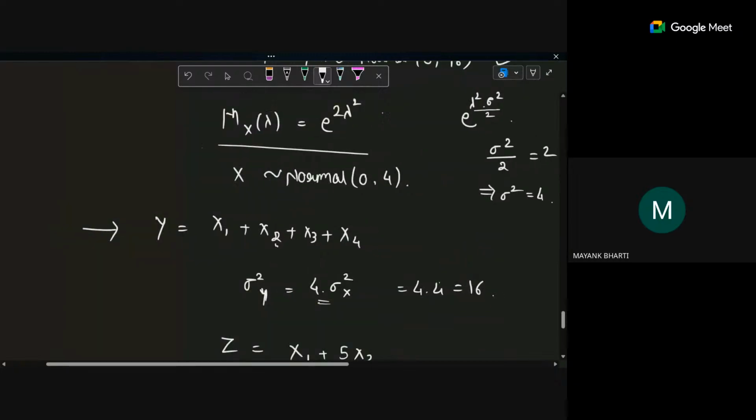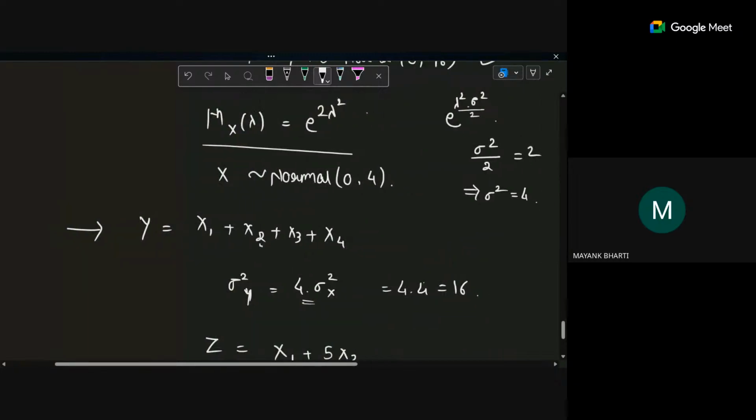Here y is equal to x1 plus x2 plus x3 plus x4. So since all are identical, we can write y is equal to 4 times x.